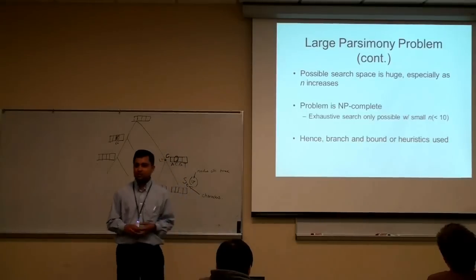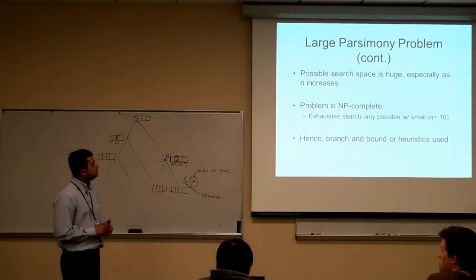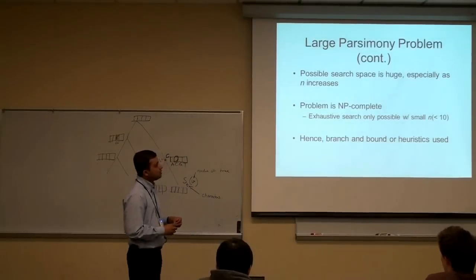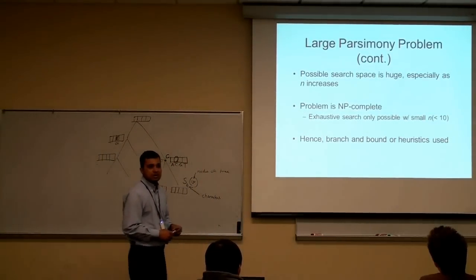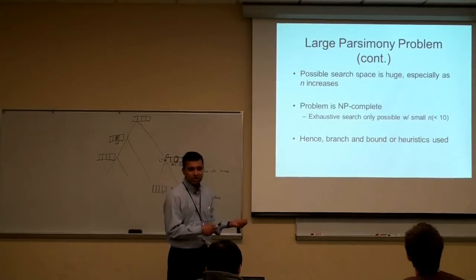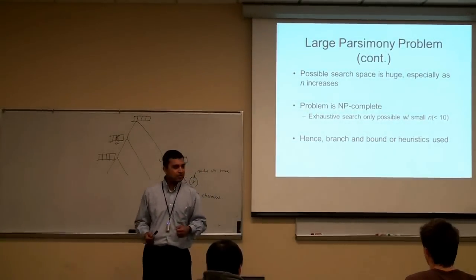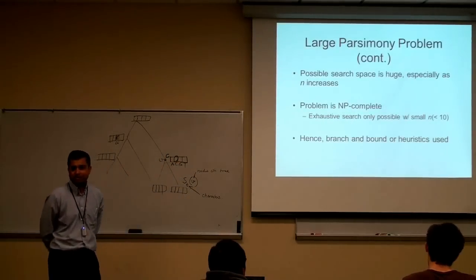I mean, in UPGMA, you were actually finding the topology, right? So the large parsimony problem is the full problem: to find the topology, and for that topology, solve the small parsimony problem, and then do this for every possible topology and find the best topology and the best labeling of that topology.